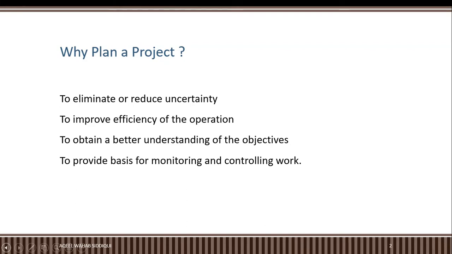Project charter. Project charter contains project objectives, and a project is completed or finished or failed because we achieve our objectives, or we cannot achieve our objectives, or there is no need to complete the project because objectives are no longer achievable. To provide basis for monitoring and controlling work.